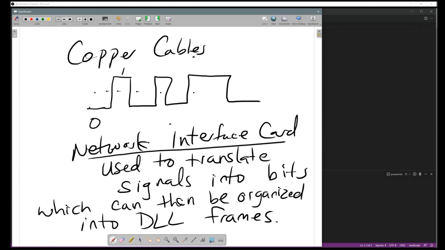But you can buy a specialized network interface card to add Wi-Fi capabilities to your desktop computer. Or if you wanted support for optical fiber cables, there's probably a network interface card that is able to translate the light signals from the fiber cables into bits that it understands.